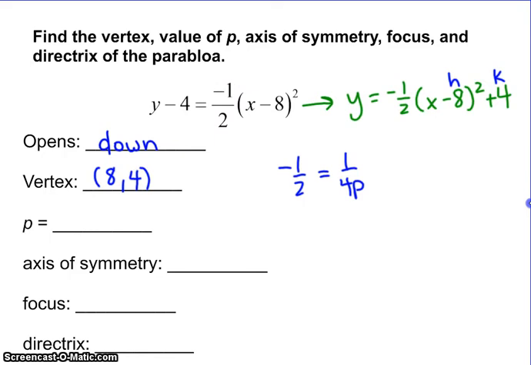So what we're going to do is solve for p. With two fractions like this, I'm going to cross multiply. Negative 1 times 4p is negative 4p. 2 times 1 is 2. So to get p by itself, I would divide by negative 4 and simplify. p is negative 1/2. So my p value is negative 1/2.